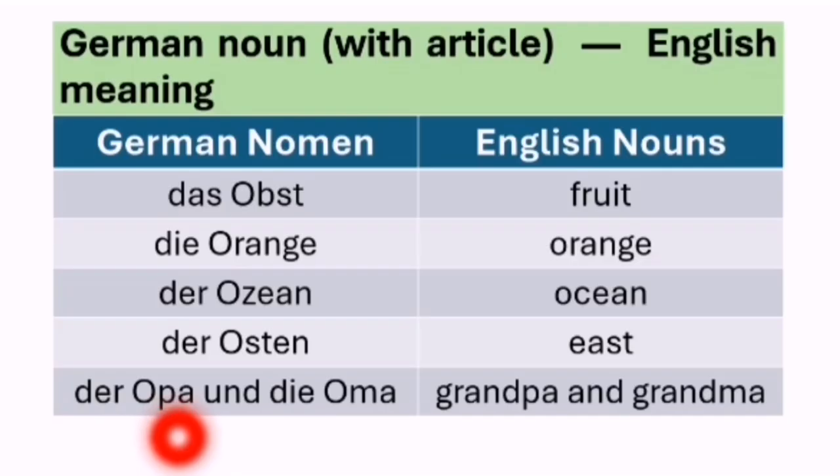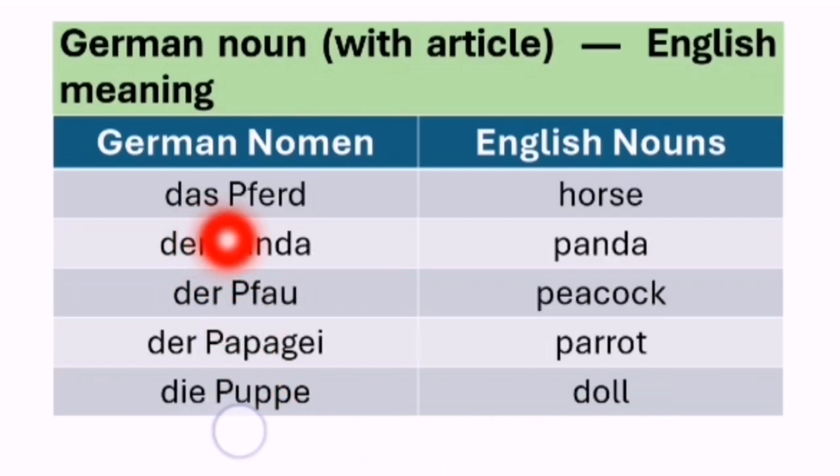You can see der Opa. Opa is a masculine noun. Die Oma, so Oma is a feminine noun. So we use die with Oma and der with Opa. Der Opa und die Oma, grandpa and grandma. Das Pferd, horse. Der Panda, panda. Der Pfau, peacock. Der Papagei, parrot. Die Puppe, doll.